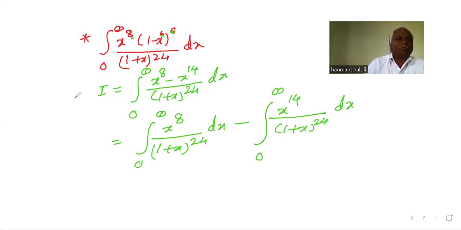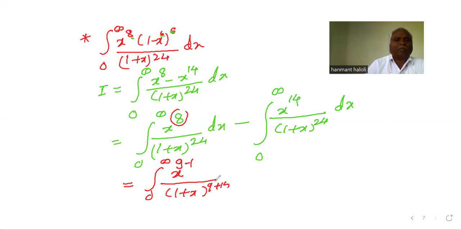Now these two integrals you can solve at the same time with the standard formula. This can be written as integral 0 to infinity x raised to 8, which can be written as 9 minus 1, divided by 1 plus x raised to 9 plus 15, dx.